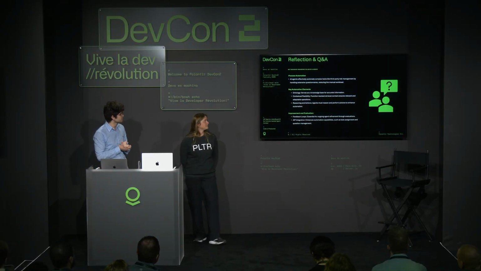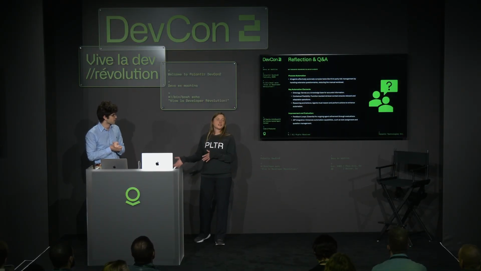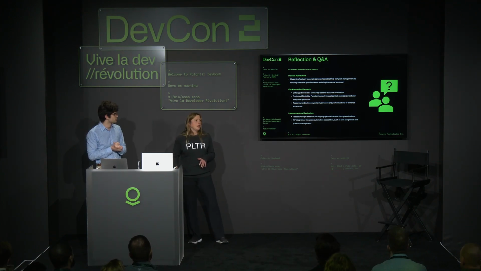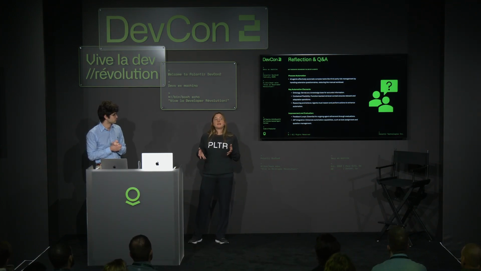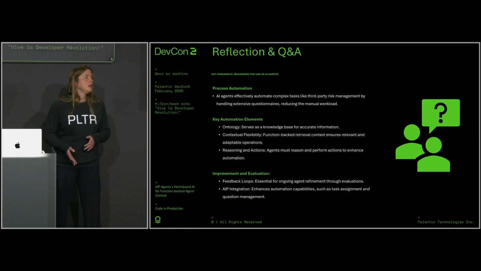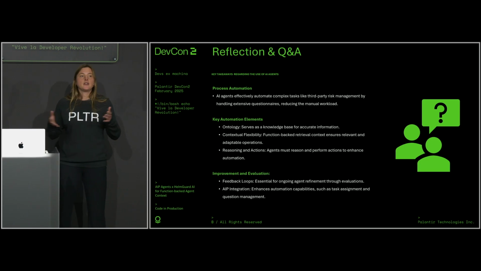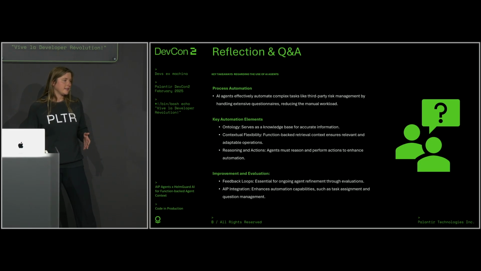You might not have questionnaires, you might not have the Federal Reserve videos, but you probably have something similar. When you look at the building blocks of what it takes to create agents, for the ontology, instead of questionnaires, maybe you have a ticketing system and a set of tickets.